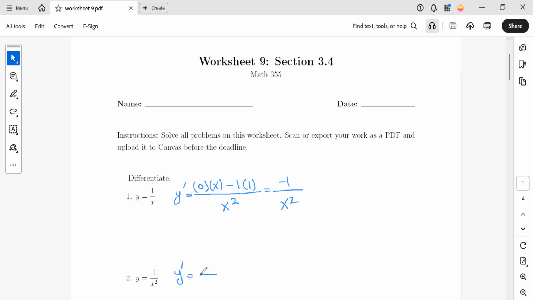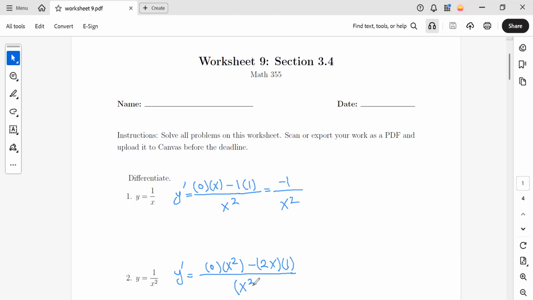So quotient rule says derivative of the top, which is 0, multiplied by the denominator, minus derivative of the denominator multiplied by the numerator, all over denominator to the power 2.